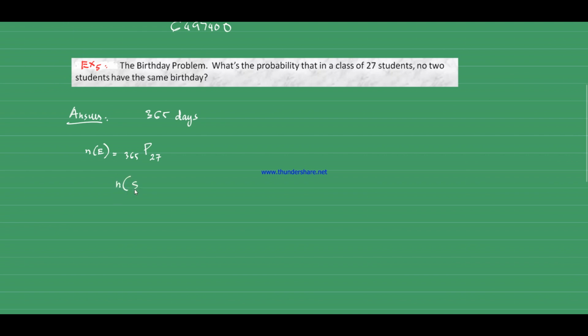The sample space over here. So there are 27 of them, and none of them has the same birthday. So let's go ahead and do it this way.